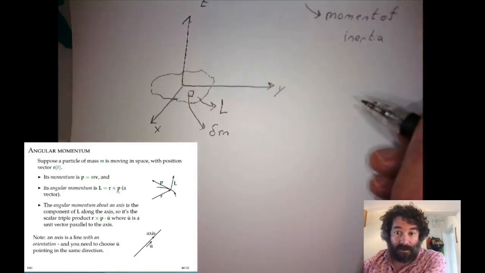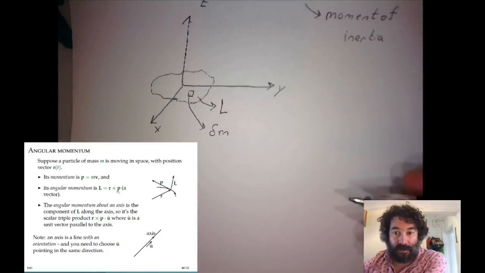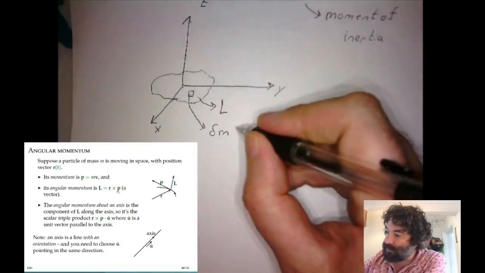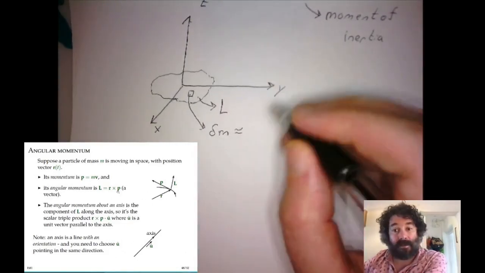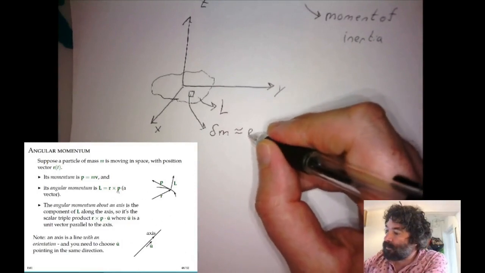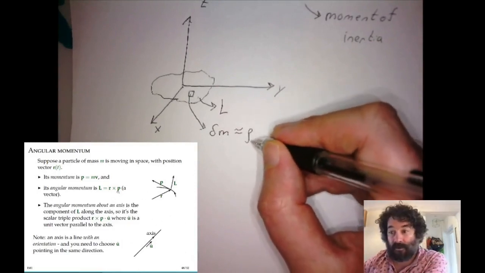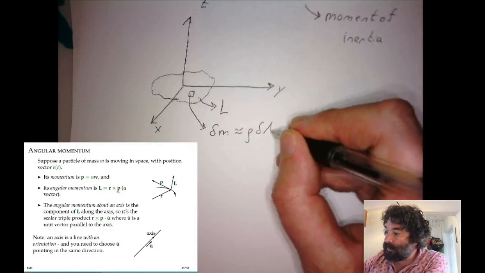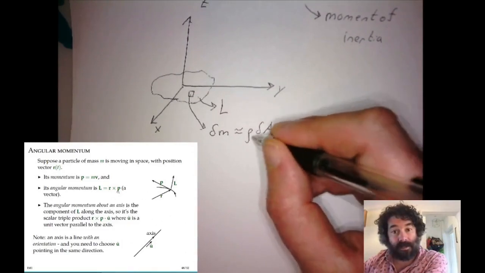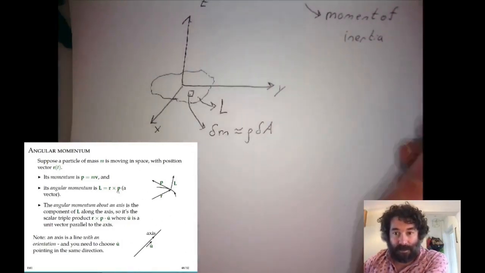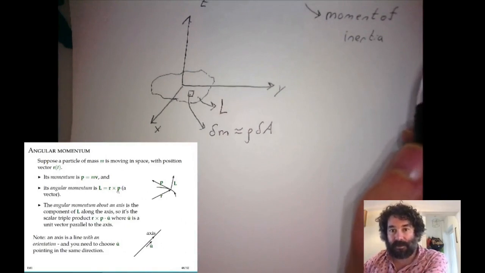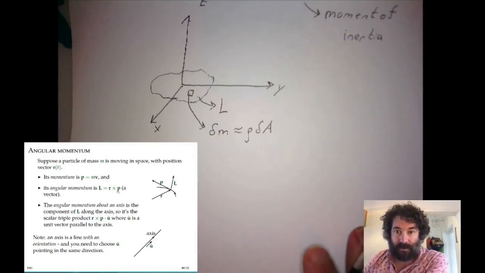Right? So when we were discussing calculating the mass of plates, these plates with varying density, we discussed how this mass would be the surface density rho times the area element. So the area of that small element times the density per unit area, the surface density. Okay?